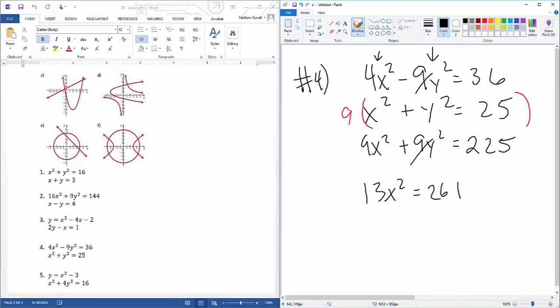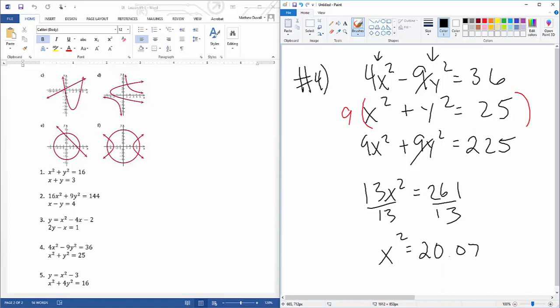So it's 261 divided by 13. We're probably going to have some sort of decimal approximation here, but that's okay. So 261 divided by 13 gives me x squared equals 20.07 or 20.08.